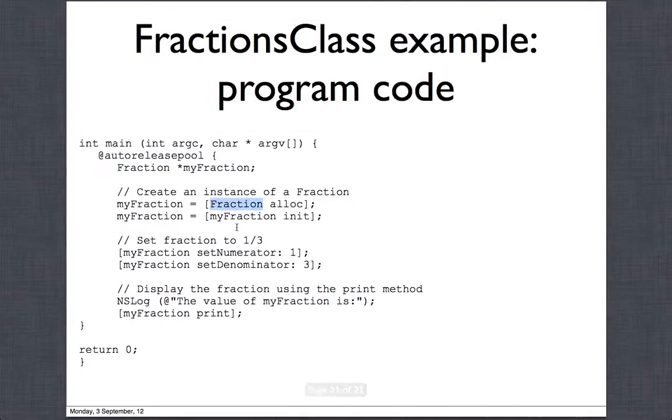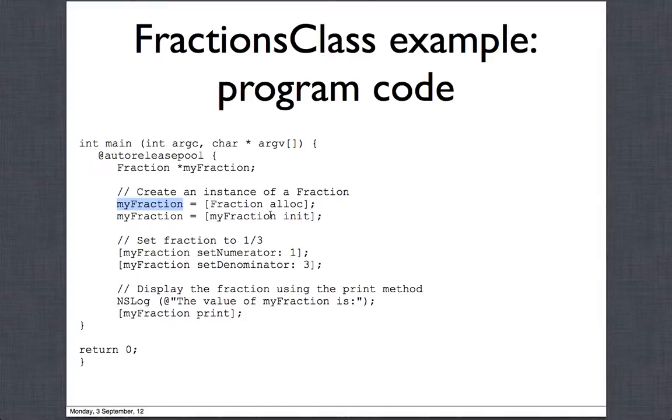Now this is why we needed to inherit from NSObject. NSObject is a generic object, and it gives you a few methods that you need. So one of them is allocation of memory. So we're calling alloc, and it allocates enough memory to hold all the variables we need, and it also sets them to 0. So when we created this fraction here, we set those two variables n and m to 0.